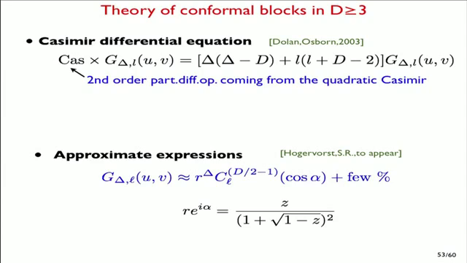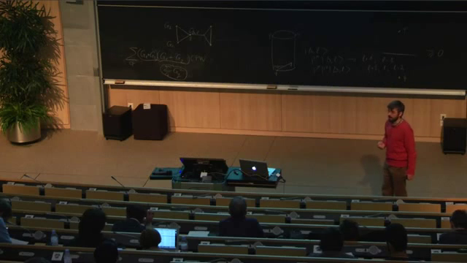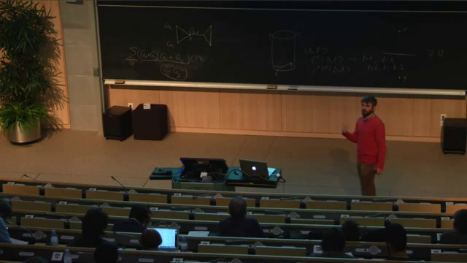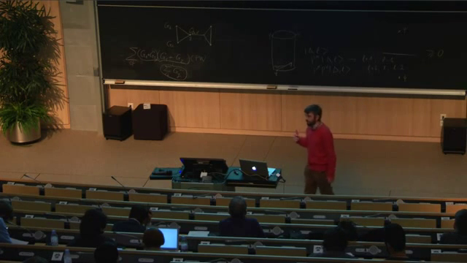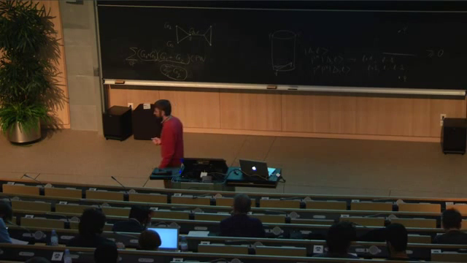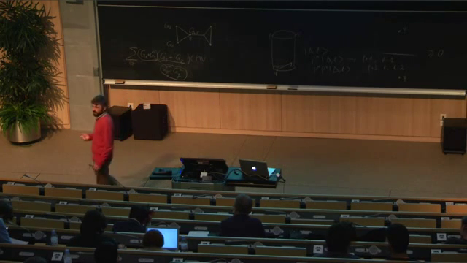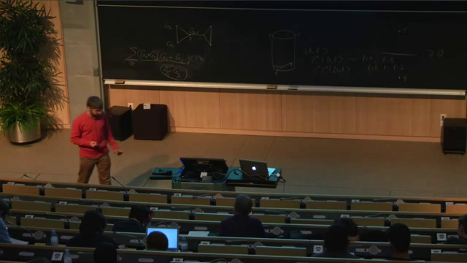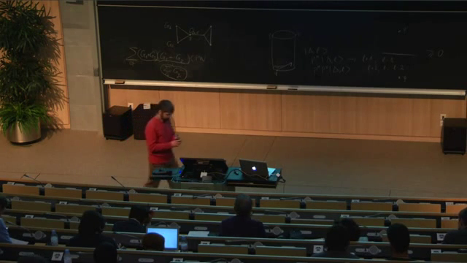The next lecture, the final lecture, is going to be how to put these tools to use and extract concrete results, concrete predictions for, say, the three-dimensional Ising model operator dimensions. What does the conformal bootstrap tell us about the dimensions of the operators in the three-dimensional Ising model? I'm going to stop here for today.